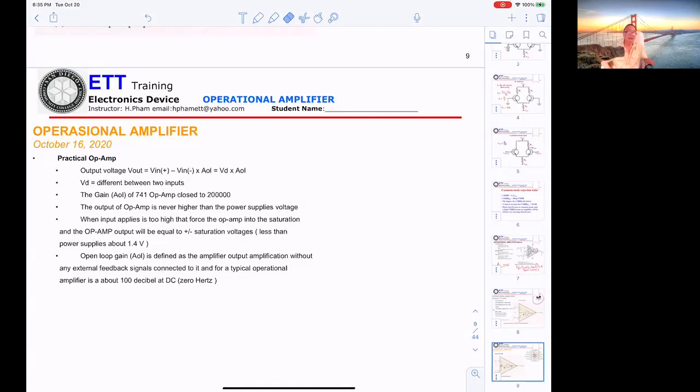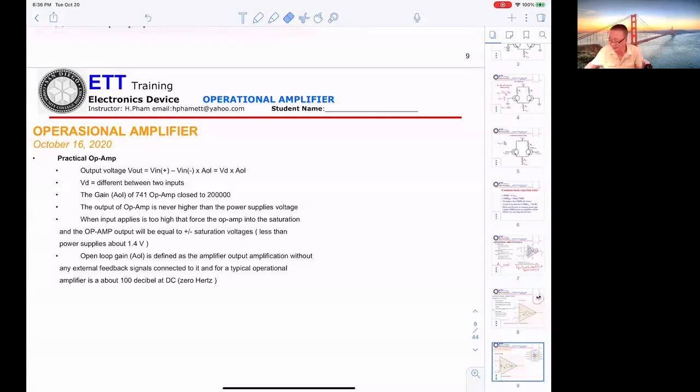That means around 13 or minus 13 volt for a 15 volt power supply. Open loop gain is defined as the amplified output without any external feedback signal connected, and for a typical operational amplifier it is about 100 dB at 0 Hz frequency.